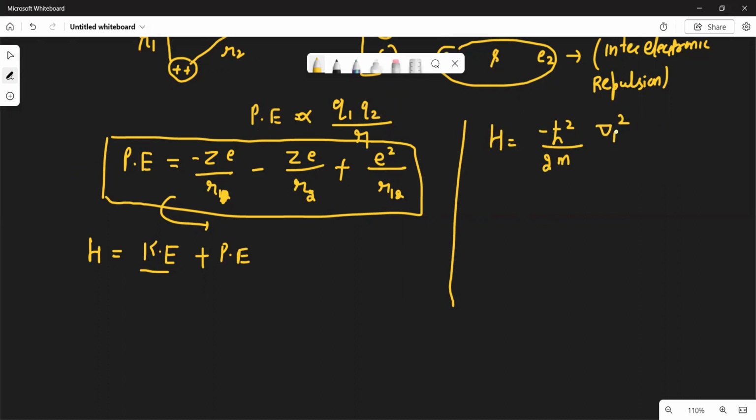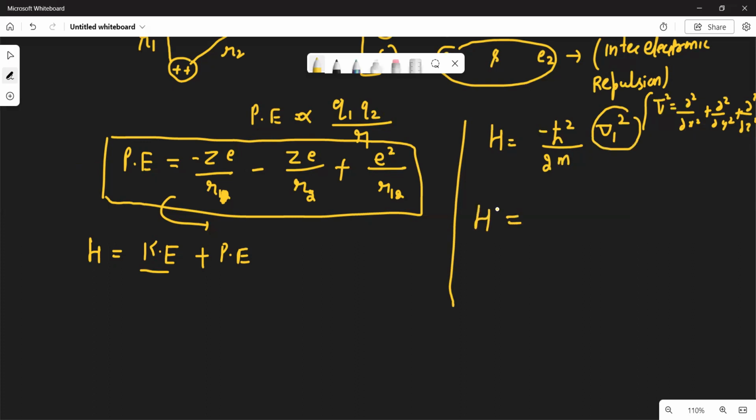If we have only one electron, what is del? Del is the Laplacian operator, which is equal to del square upon del x square plus del square upon del y square plus del square upon del z square. But we know our helium atom consists of two electrons, so we will write two Laplacian operators.